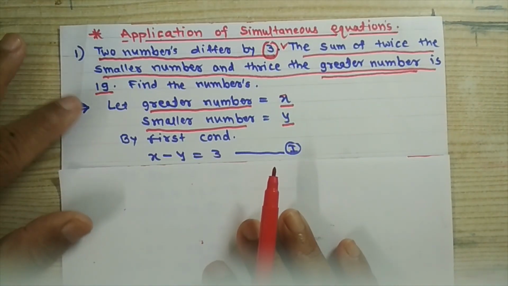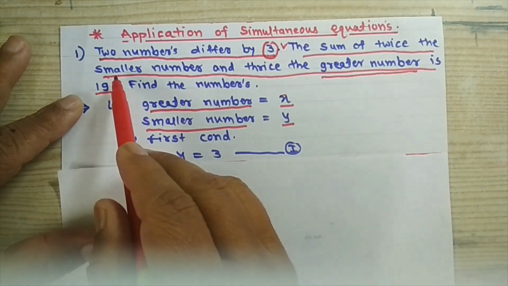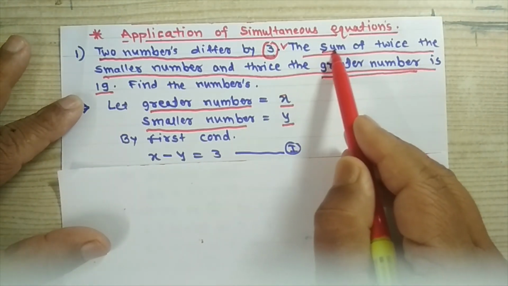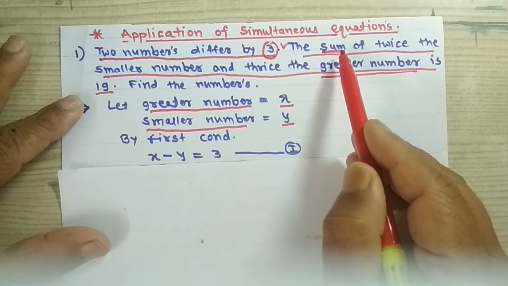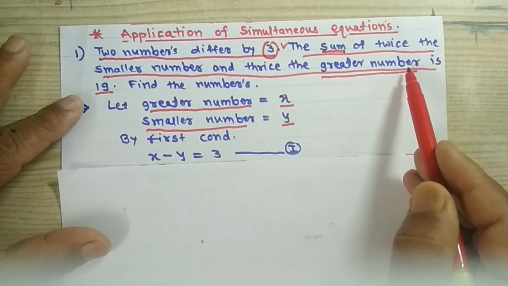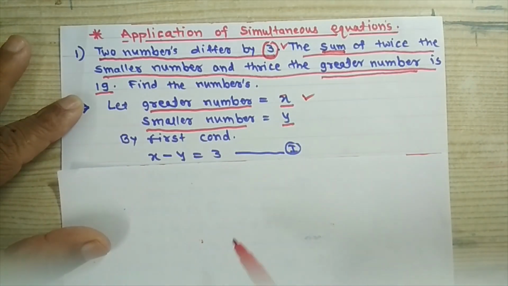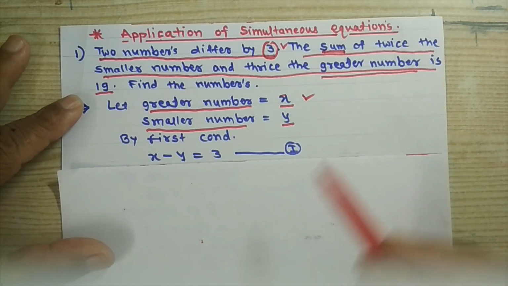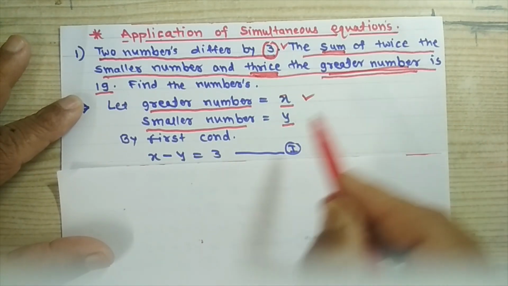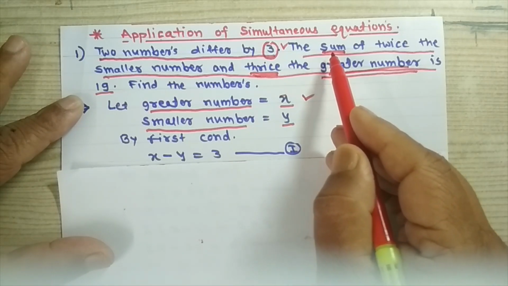Now we see the second condition: the sum of twice the smaller number and thrice the greater number. Taking the greater number first, the greater number is x, and thrice the greater number is 3x.